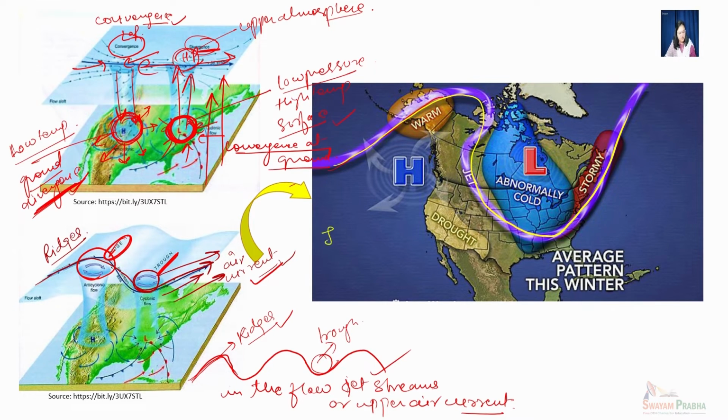Therefore, the jet streams become wavy in pattern, where they dip towards the lower latitudes in certain areas, as well as peak up towards the higher latitudes in certain areas.